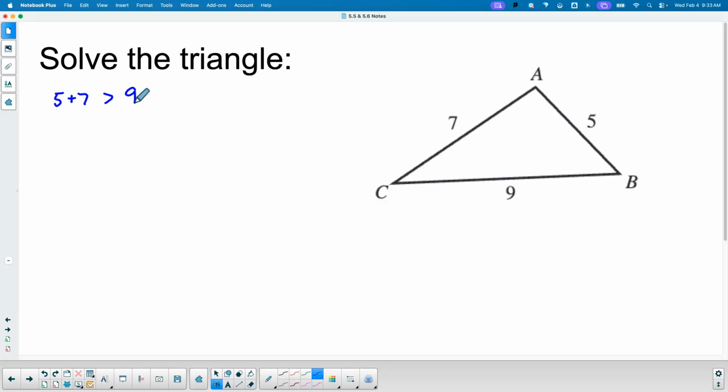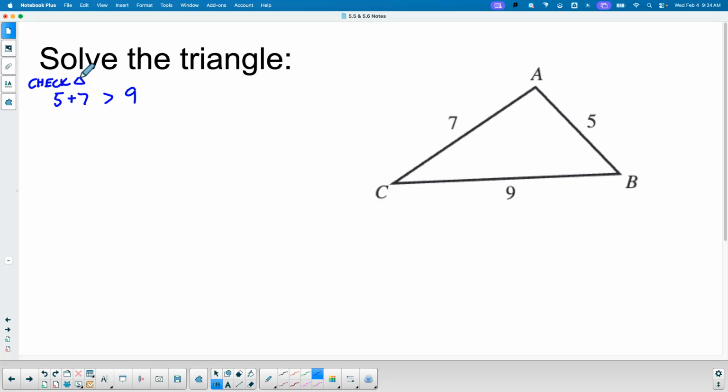Which angle are we going to find first? Angle A, because it's the biggest one. It's opposite the longest side.